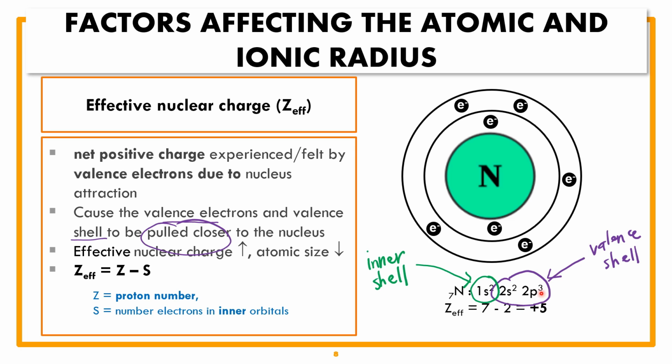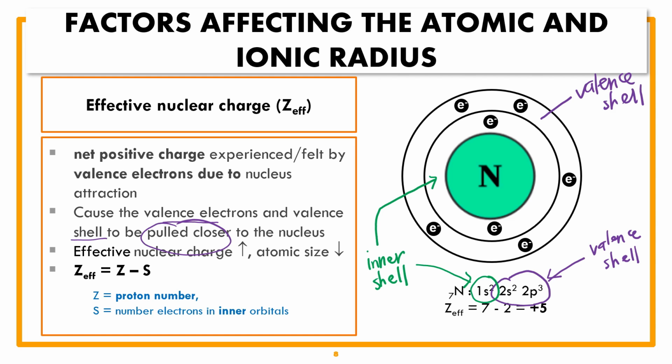Electrons in the valence shell are called valence electrons, and the electrons in the inner shell are called inner electrons. From this orbital of nitrogen, this will be the valence shell, having 5 electrons, and the orbital inside here will be the inner shell.